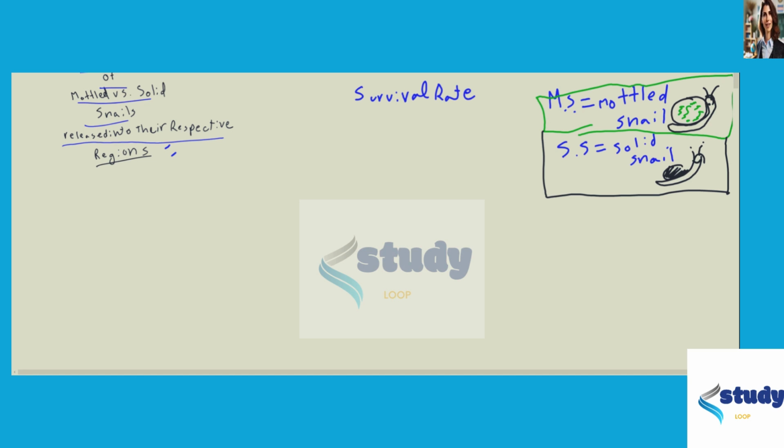Okay, so from now on, we're going to refer to MS as the mottled snails and SS as the solid snails. Okay, so what I was doing earlier was writing down the data better. So we're going to do survival rate. We're going to do release into MS, so mottled snail region.